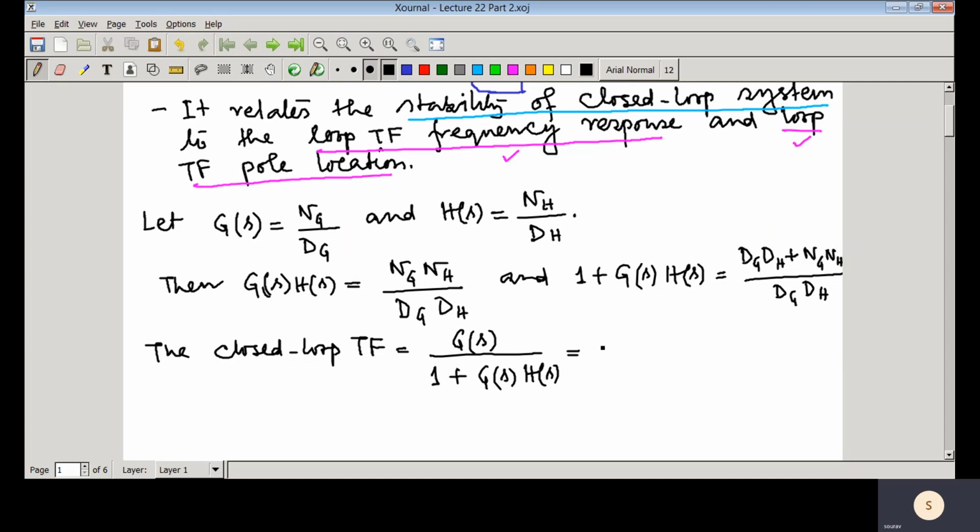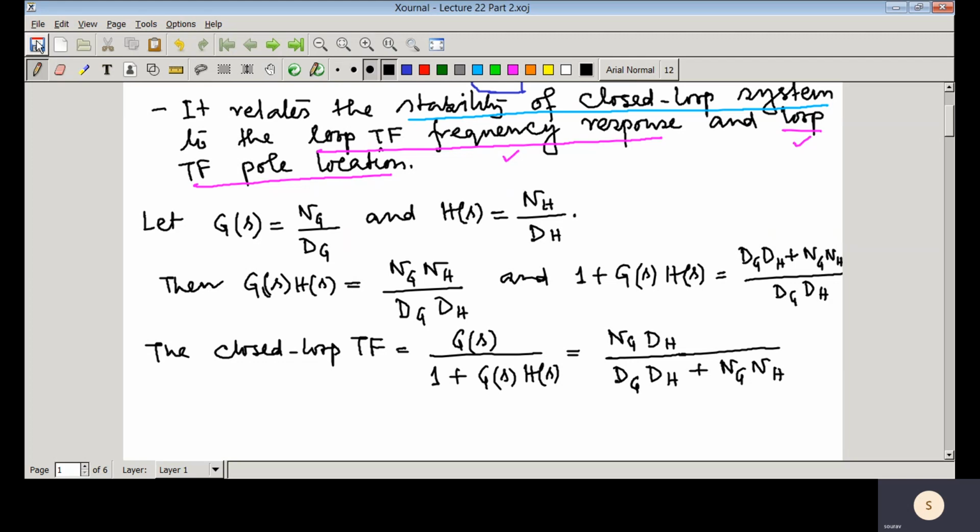If we replace it, we get NG DH divided by DG DH plus NG NH. So in the Nyquist stability criterion, it is very important to understand the poles and zeros of the loop transfer function and the poles and zeros of the closed loop system.